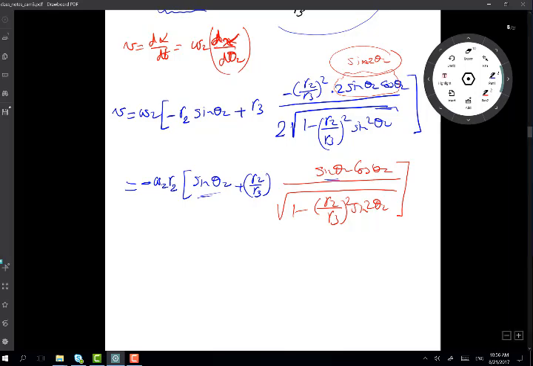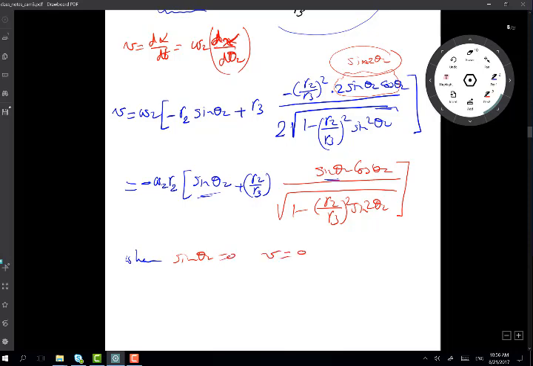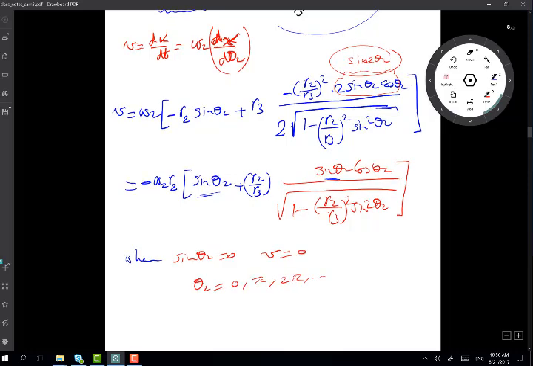So when sine theta 2 is equal to 0, v is equal to 0, and this will happen when theta 2 is 0, pi, 2 pi, and all the thing repeats itself.